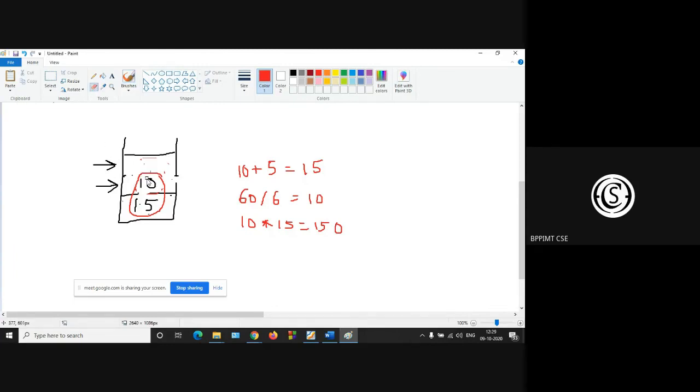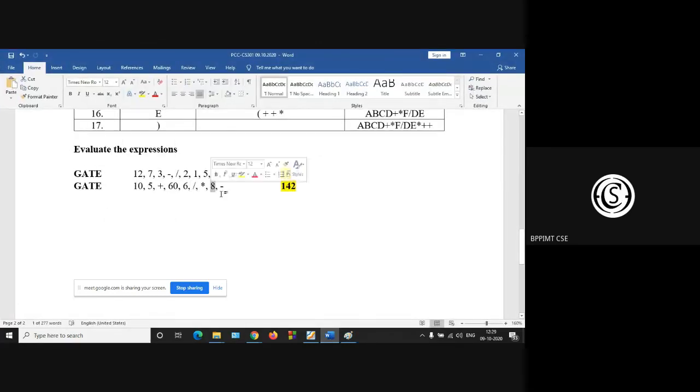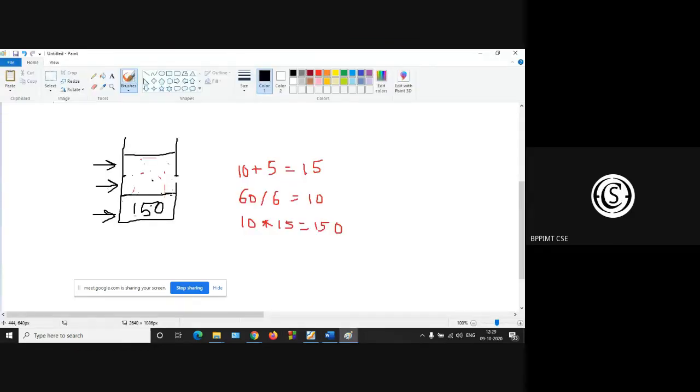Put this 150 at the stack top. Now the stack top is at this position. Next is 8. Just write 8 at the stack top.